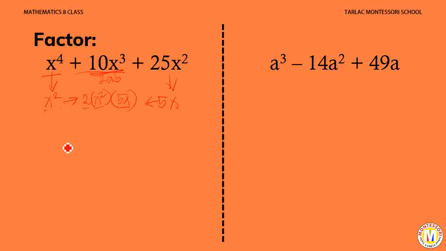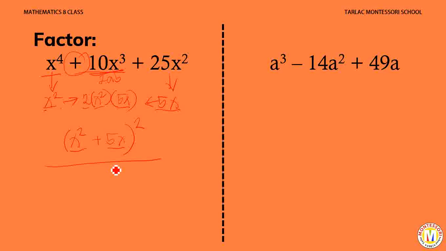So, first things first, you get the square root of the first term. In this case, we have x squared, the square root of the last term, 5x, and then consider the sign of the second term, plus, and then you just have to raise it to the power of 2. Now, you can observe here, x squared and 5x still has a common factor.